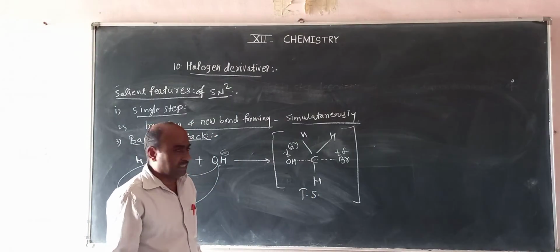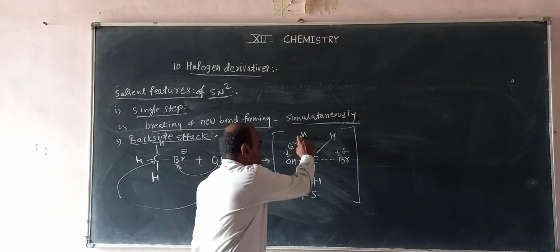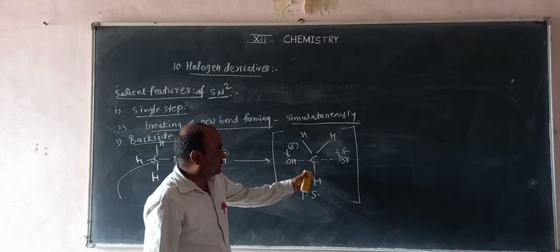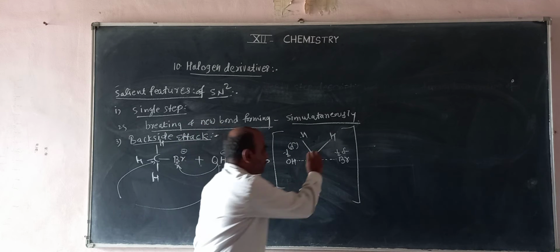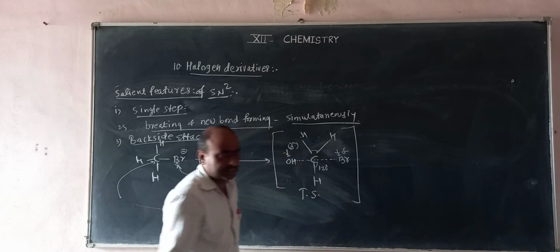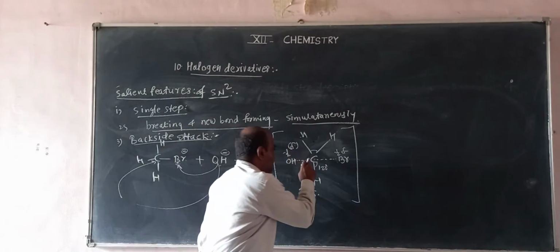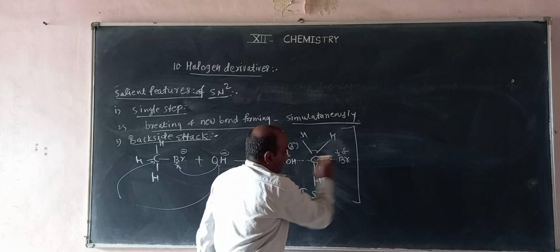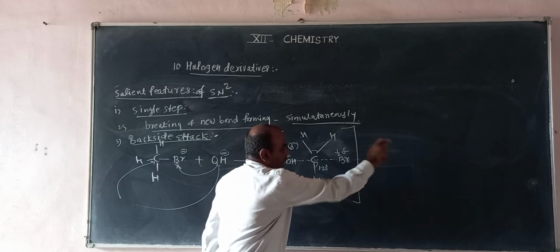In the transition state what happens? The 3 sigma bonds containing the hydrogen atoms lie in that position, making a bond angle of 120 degrees with each other, whereas the carbon-OH and C-Br bonds lie perpendicular to the plane.